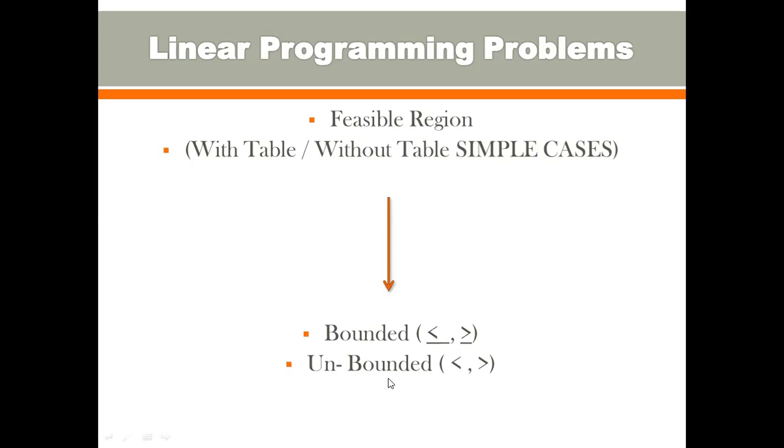As far as unbounded region is concerned, any region involving the sign of only less than or greater than without an equal to sign is called as unbounded or open element. So I hope class this logic is clear for you all. So basically there are two types of region, bounded and unbounded.